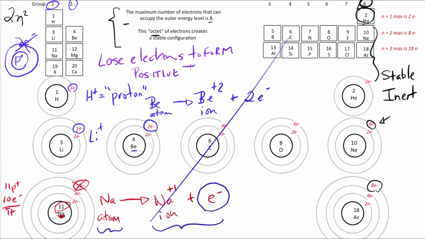And you may know positive ions by another name. They're sometimes called cations. We're not even going to talk about why.